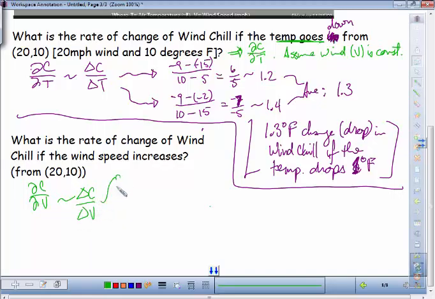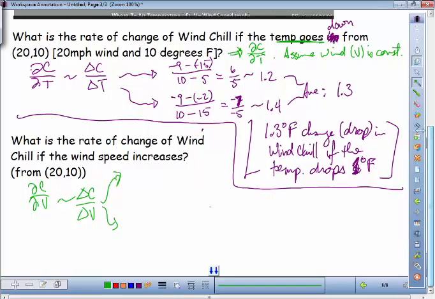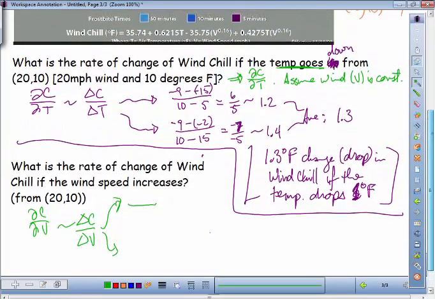And so again, we're going to come up with a table. We're going to come up with two of these rates of change, one going from there forward, one going from there back, and then find the average. So the change in the wind chill, and we have to go change in velocity.